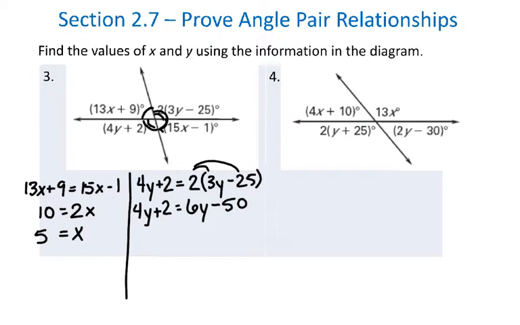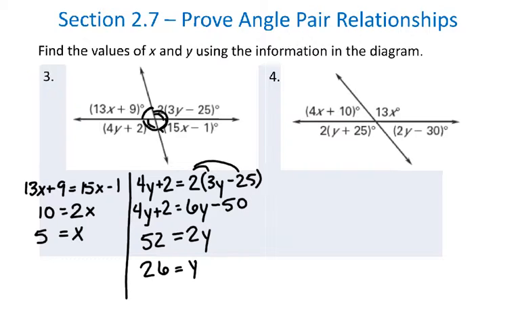Now, using your subtraction and addition properties, we get 52 is equal to 2y. And then divide both sides by 2, we get 26. And there we go. We solved for x and y.